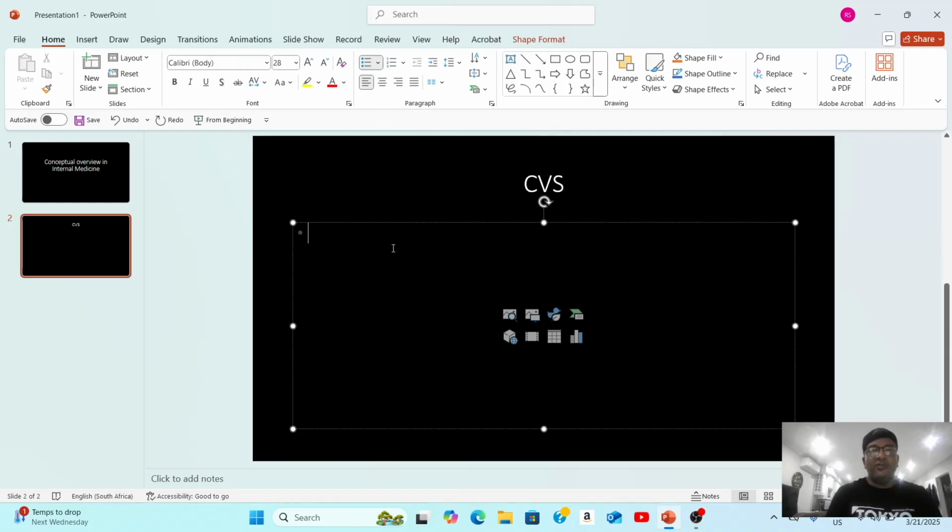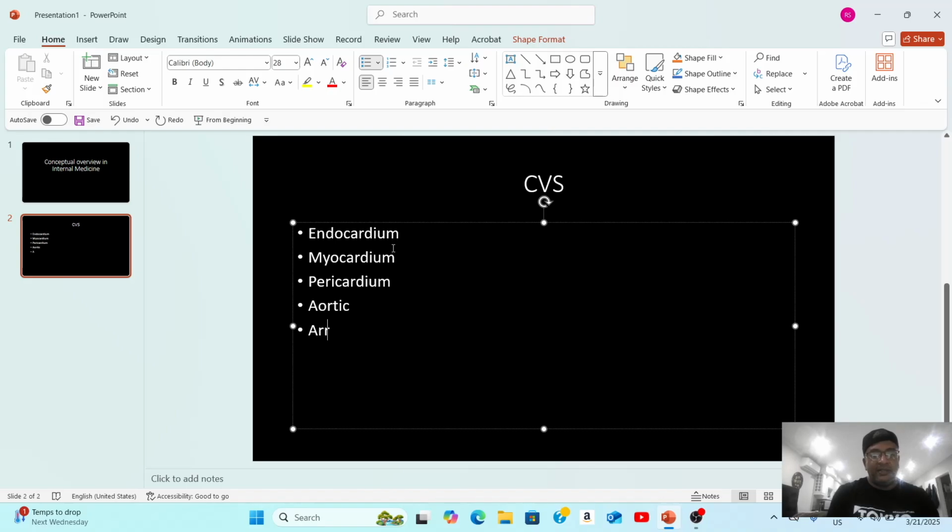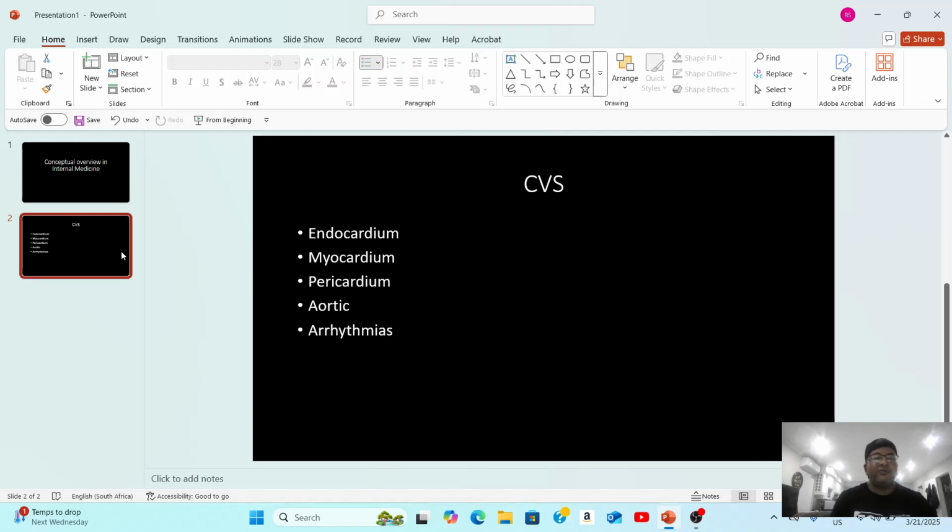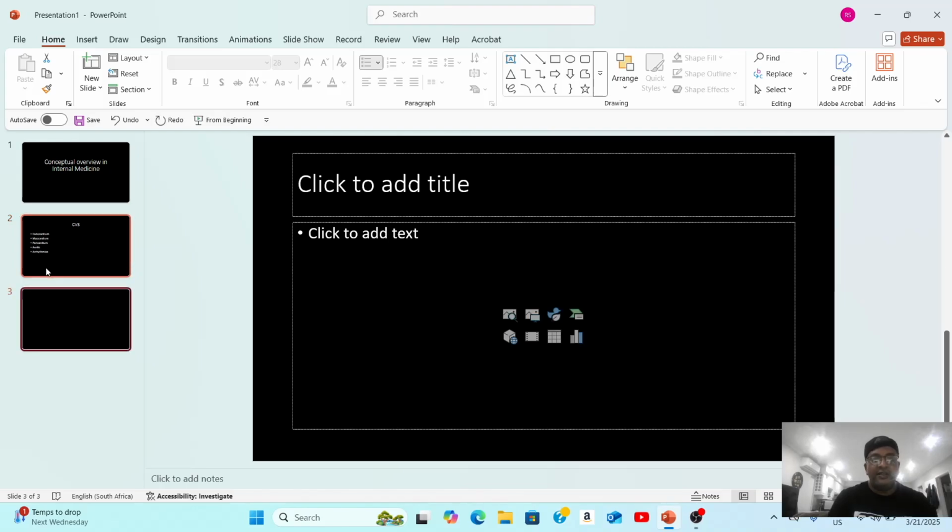So a nice conceptual way of thinking about cardiovascular pathologies, etiology-wise, is first up to start with the endocardium, right? Then the myocardium, followed by the pericardium, right? And then, of course, we have the aortic syndromes, and we have arrhythmias, right?